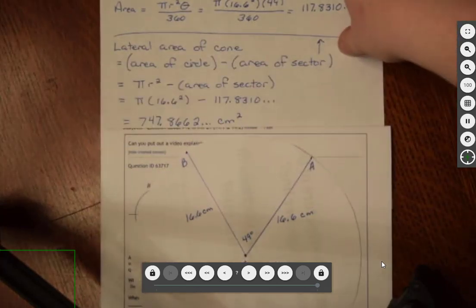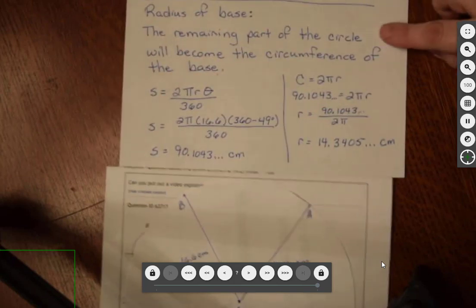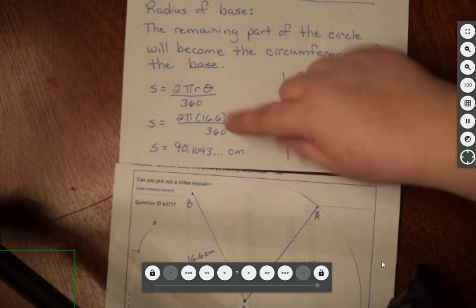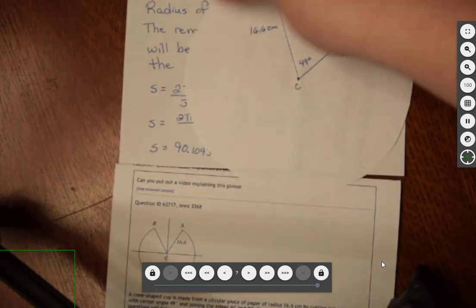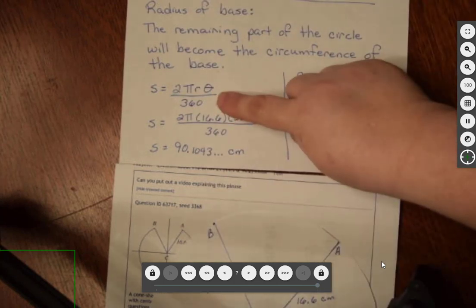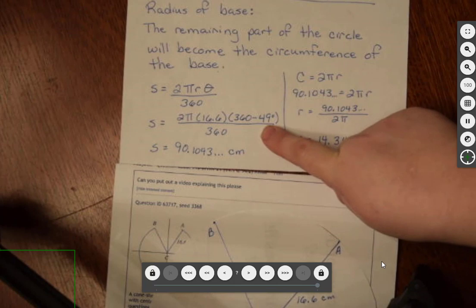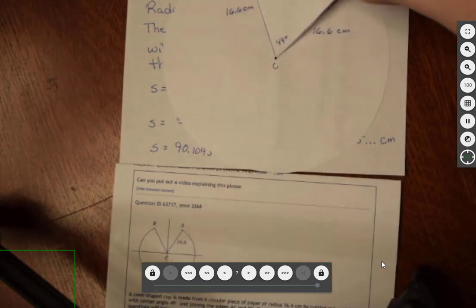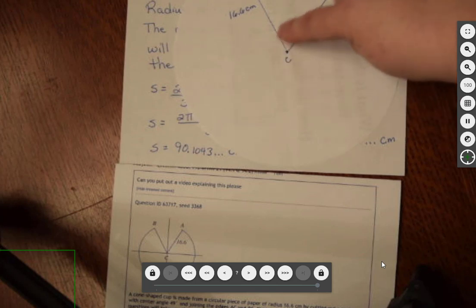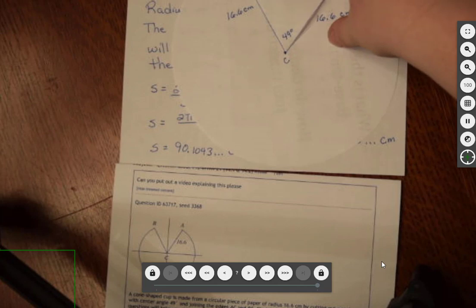Okay, so the remaining part of the circle will become the circumference of the base. And so to find this arc length, we need the arc length formula. I plugged in 16.6 for the radius, and then I would need to find this central angle. Well, this is 360 degrees minus the 49.